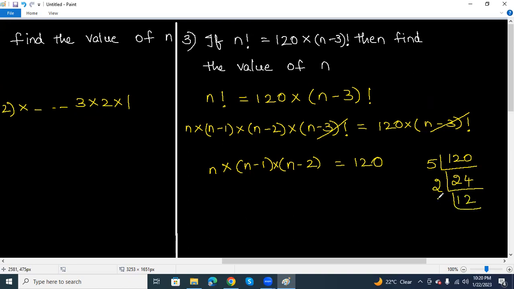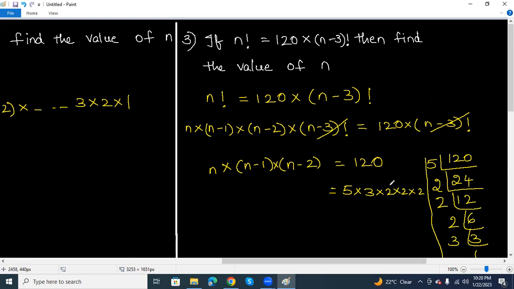Next, 3. 2 3s are 6, 3 1s are 3. So this can be written as 5 times 3 times 2 times 2 times 2: 3 2s, 1 3 and 5.